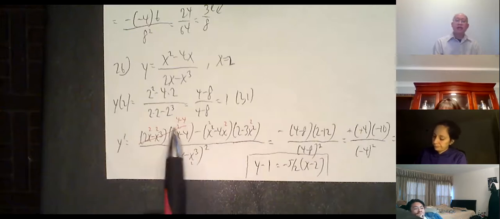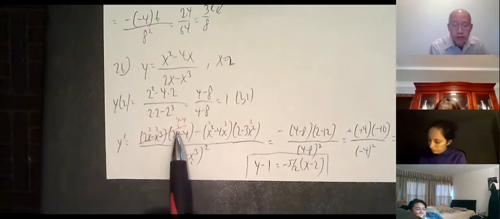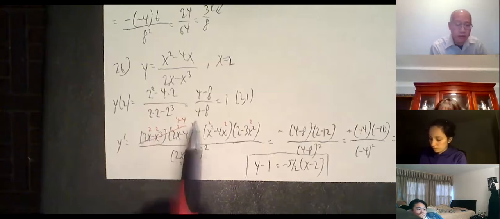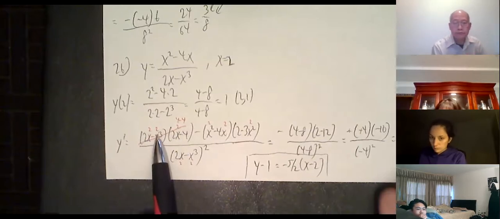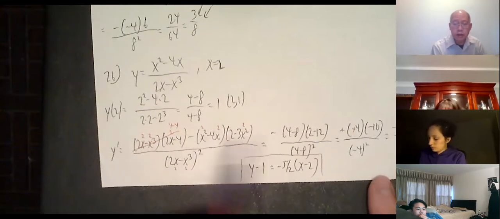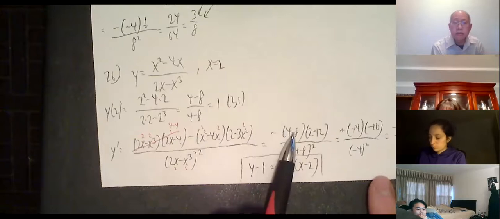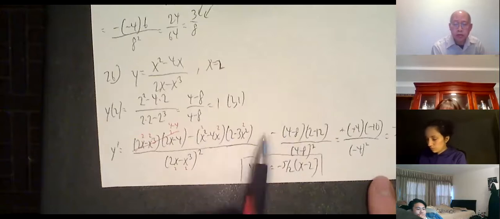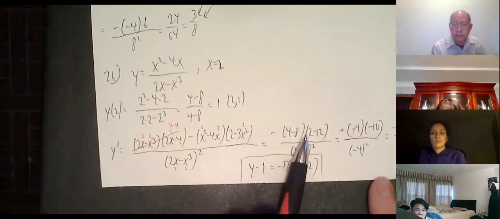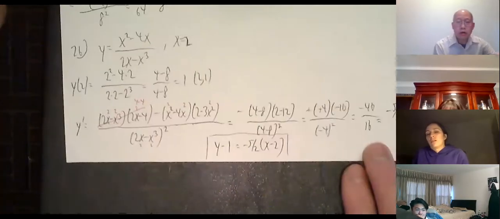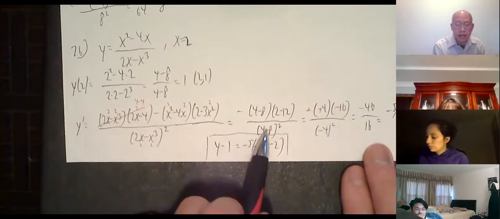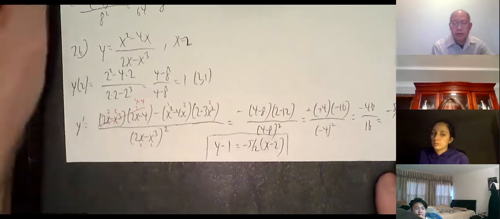And once again, I get a nice cancellation here. If you plug in 2 here, 2 times 2 is 4. 4 minus 4 is 0. 0 times that is 0, so that's all gone. Minus 2 squared is 4. Minus 4 times 2 is 8. 2 minus, 2 squared is 4, 3 times 4 is 12. All over 2 times 2 is 4, minus 2 cubed is 8 squared. Get some pretty messy algebra here.